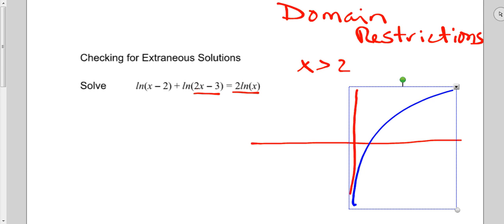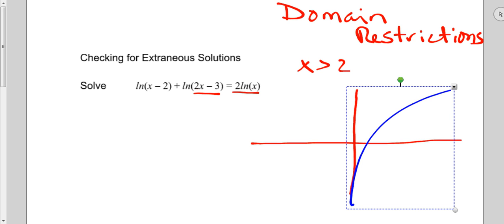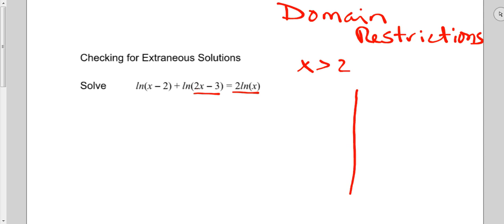I've got to throw them out, right? I don't consider that a solution because it breaks my expression. So, do we understand the premise here? All right, let's get started. Okay, so my restriction has to be X is greater than 2.